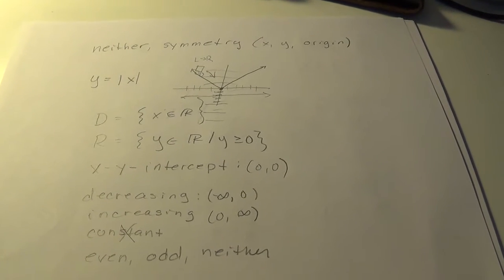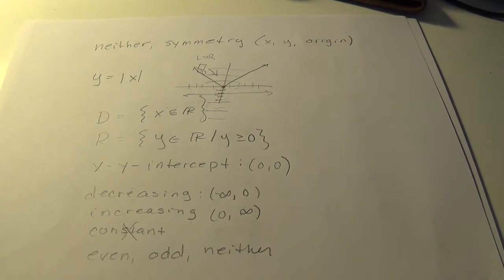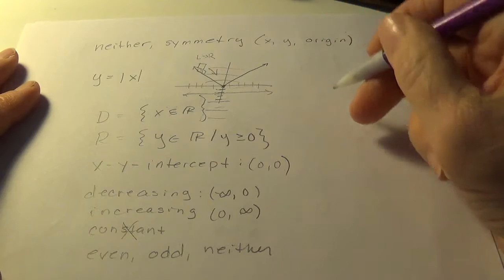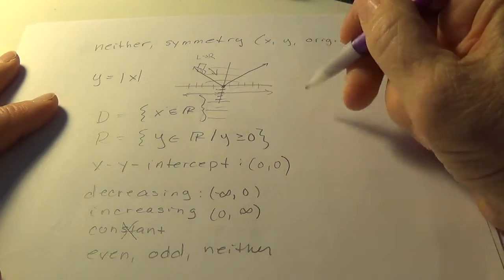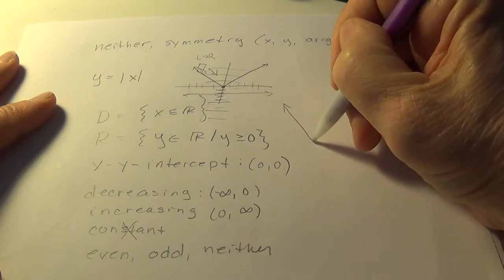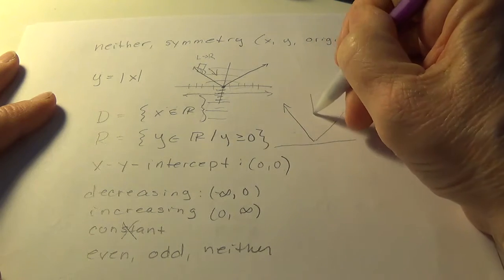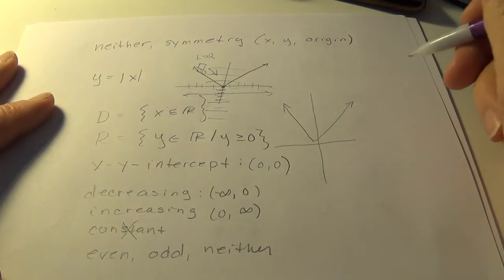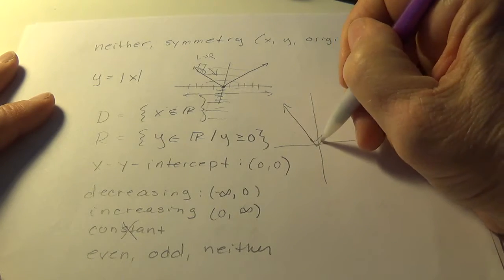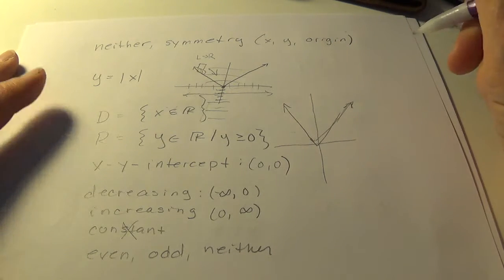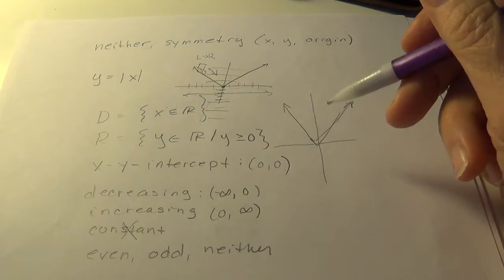All right, even, odd, or neither comes up next. This one's getting jumbled up, so I'll give a new, fresh graph. Right here is the absolute value graph again, supposed to meet right at the origin. So make your sketch better than mine.